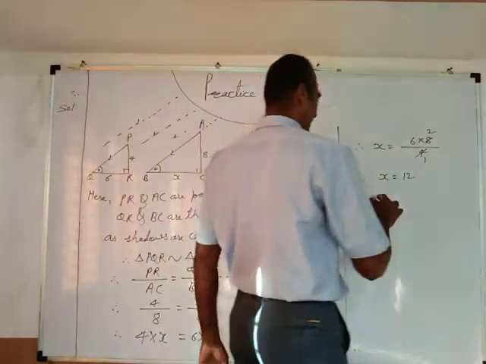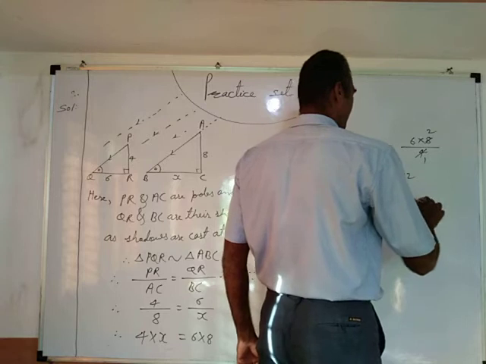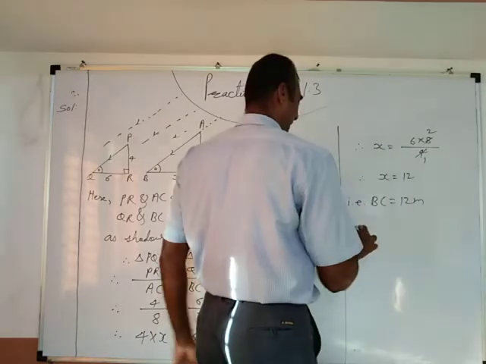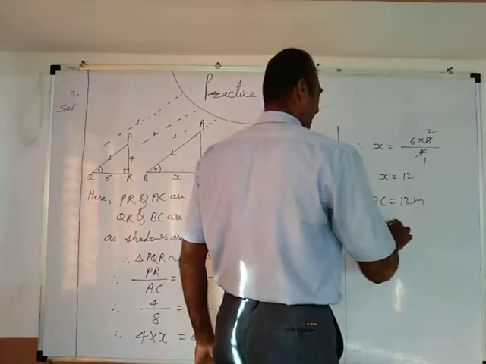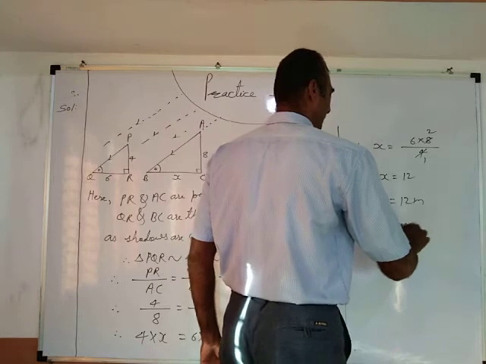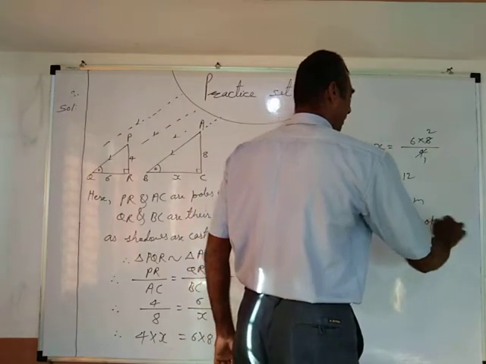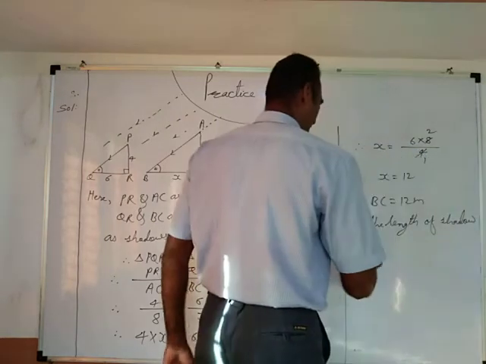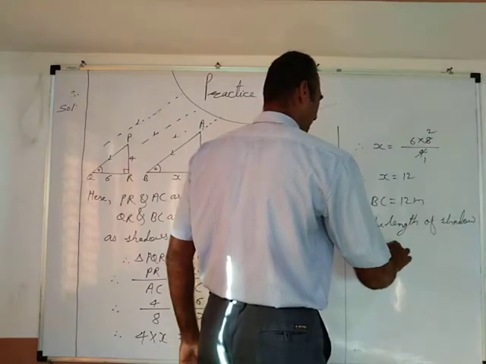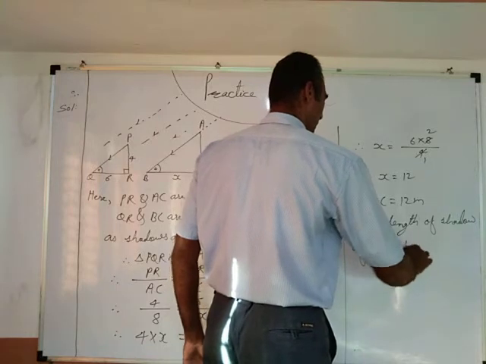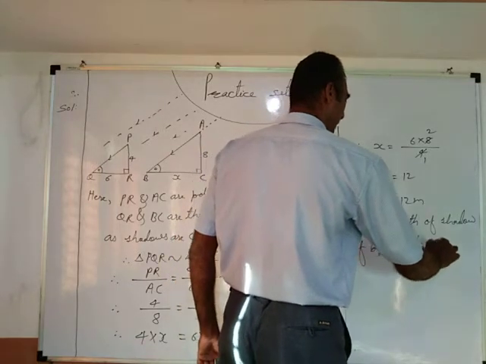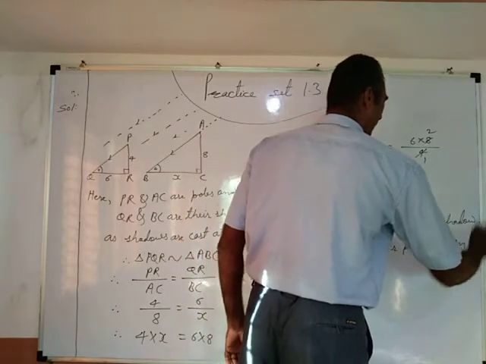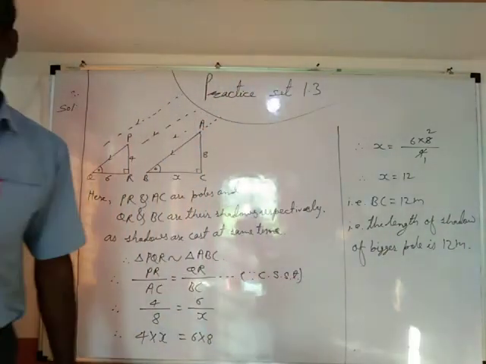That is BC equals 12 meters. That is the length of the shadow of the bigger pole is 12 meters.